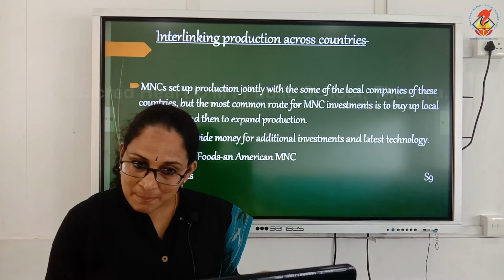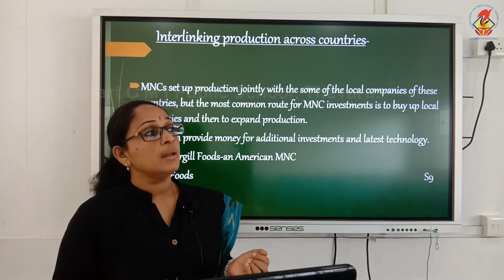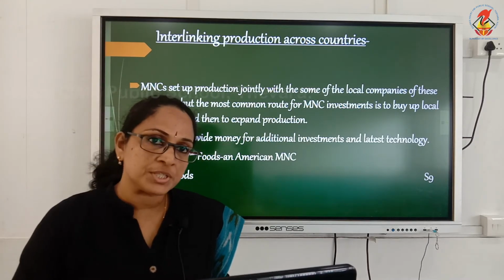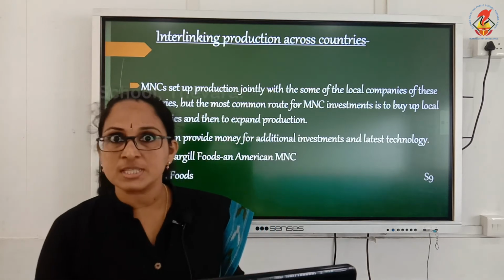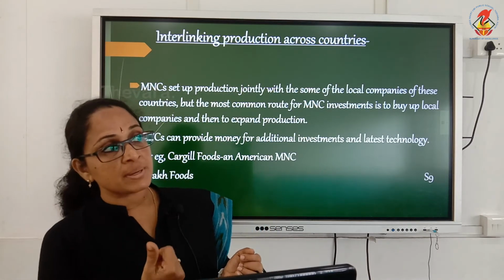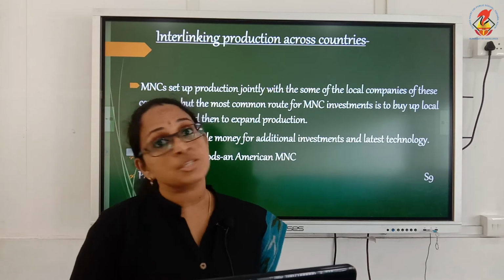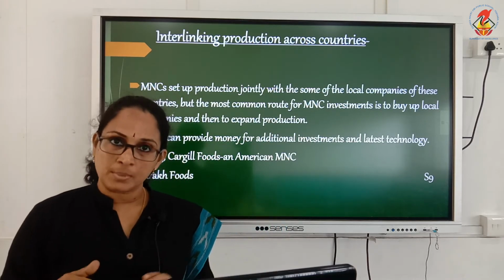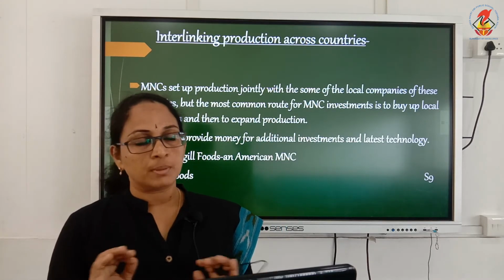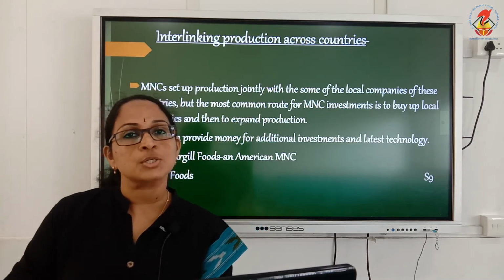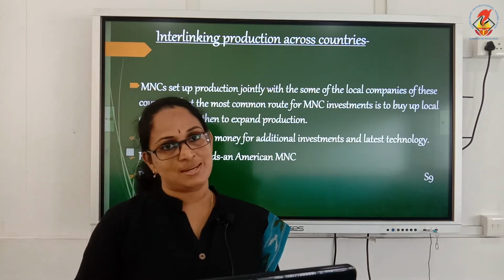By doing it that way, even local companies are benefited, children. They are getting investments and these MNCs can bring new technology. So local companies are also benefited, but gradually ownership will shift to the multinational companies.